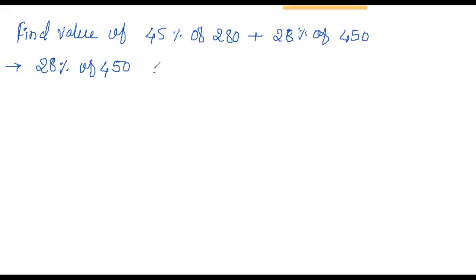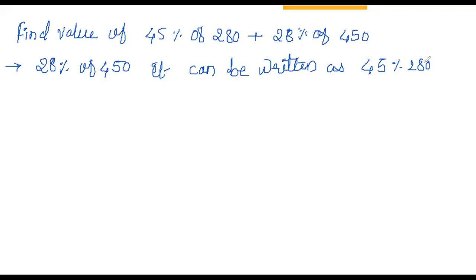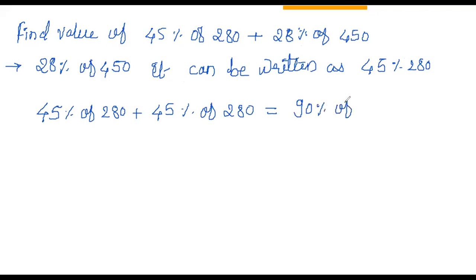It can be written as 45% of 280, just as we saw in the previous example, A% of B equals B% of A. So we are solving 45% of 280 plus 45% of 280, which is equal to 90% of 280. Is it okay?